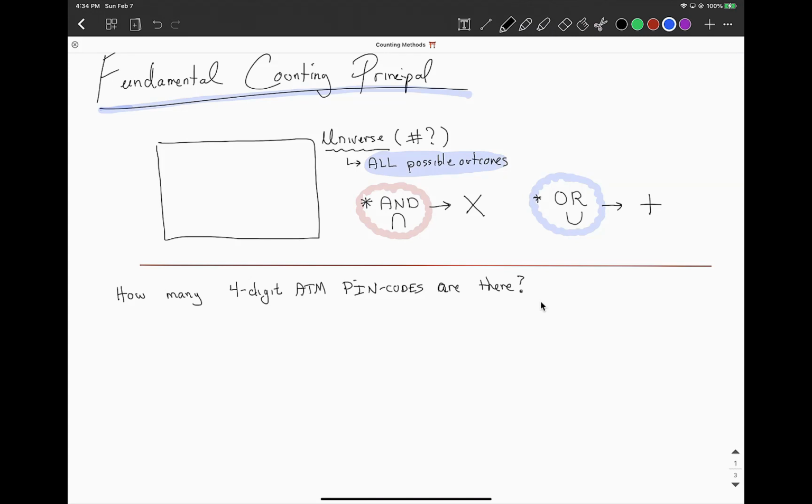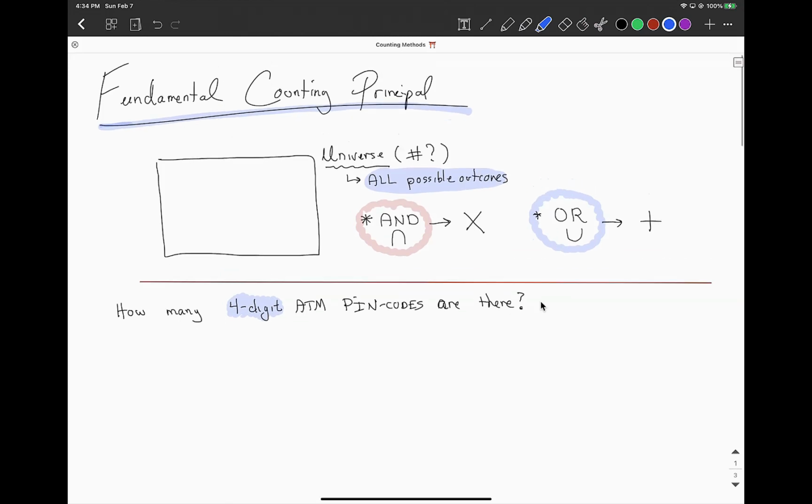How secure is your bank card if you only have a 4-digit PIN? It's a pretty vague question, but this is a very, very useful way of showing the fundamental counting principle.